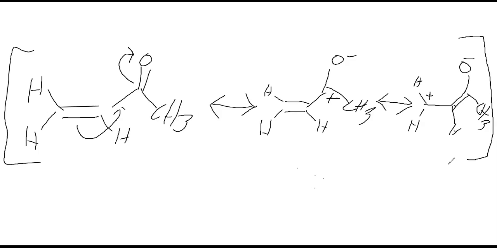Now the 1,2 mechanism has a nucleophile attacking at the carbonyl. So this structure, rather than seeing a loss of alpha hydrogen, we're seeing a nucleophilic attack at the carbonyl.